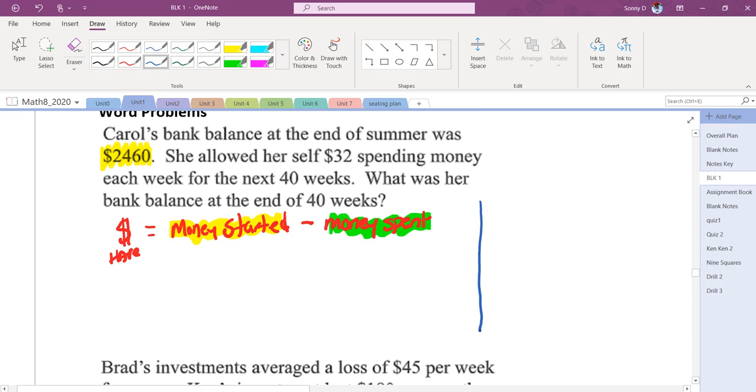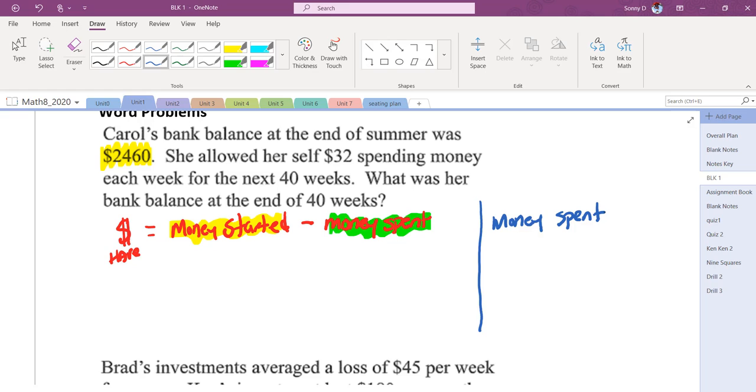How do we figure out money spent? So she's spending $32 a week. How much money did she spend? Don't you have to times the 40 weeks by 32?